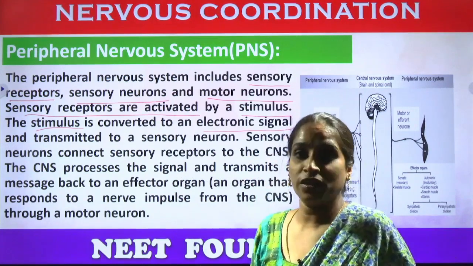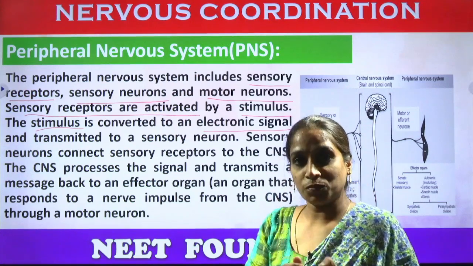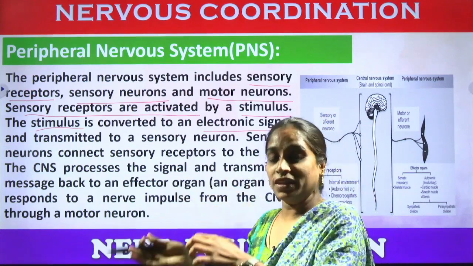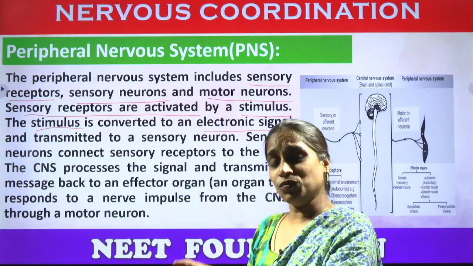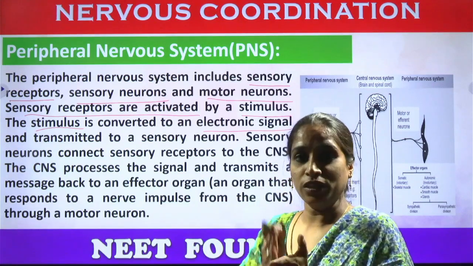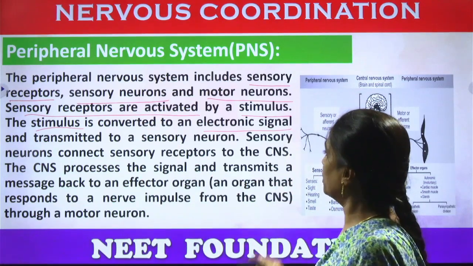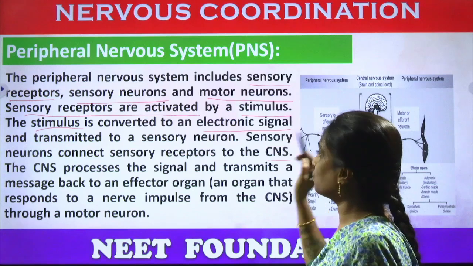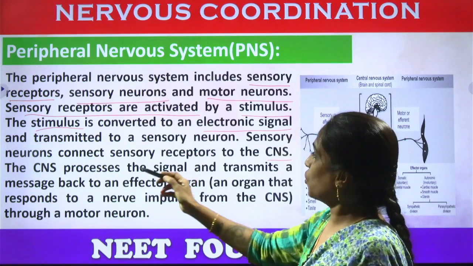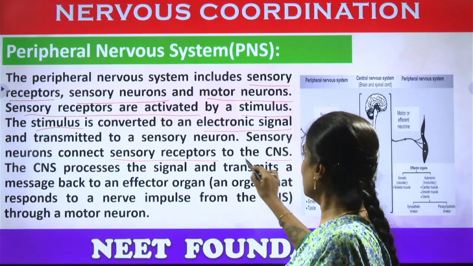The stimulus is received by the receptor, converted into the electrical signal, and moves into the sensory neuron, sending the message towards the CNS, right? So the sensory neurons connect the sensory receptors to the CNS.